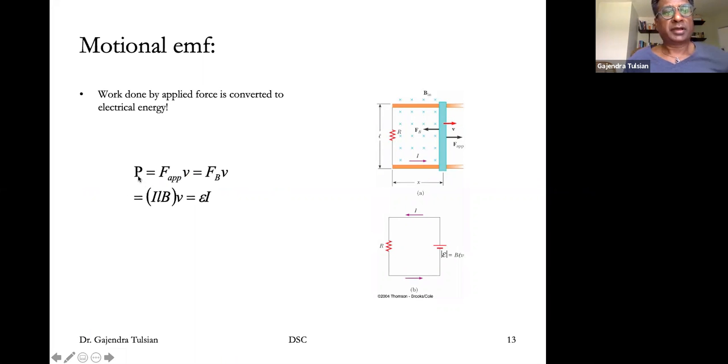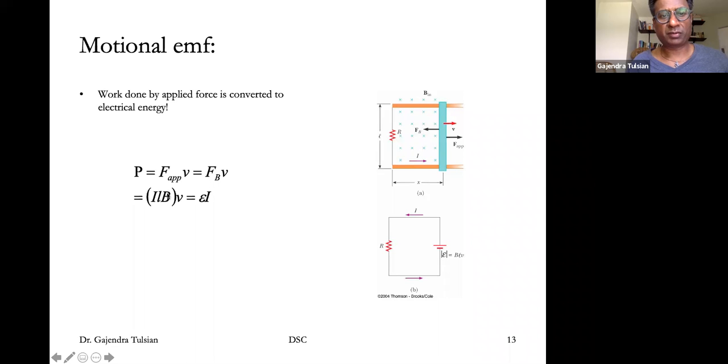This slide shows you the power output. Again, when you have an induced current in this loop, there's a magnetic force on a current carrying loop, and the magnetic force is in this direction. So to move this rod at constant velocity, you have to apply a force that's equal to the magnetic force, and the magnetic force is given by I times the length of the rod times B, the magnetic field.